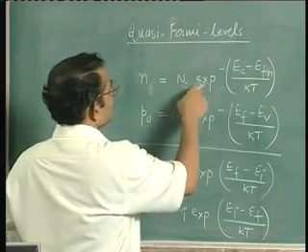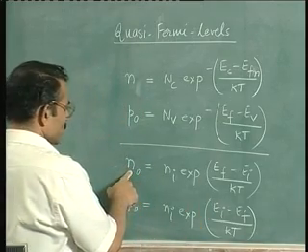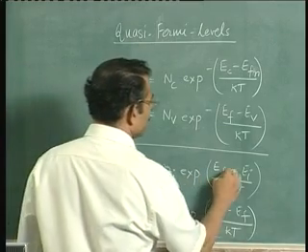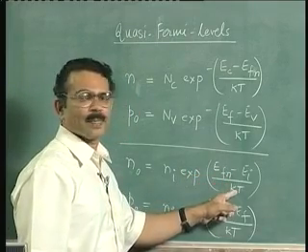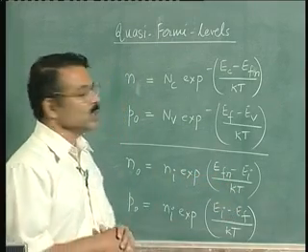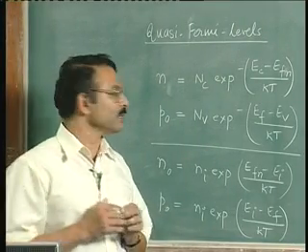So n equal to Nc exponential minus (Ec minus Efn) by kT, or here if you were to substitute, you will get n equal to Ni exponential of (quasi-Fermi level of electrons minus Ei) by kT. So the Fermi level under non-equilibrium conditions is called the quasi-Fermi level.